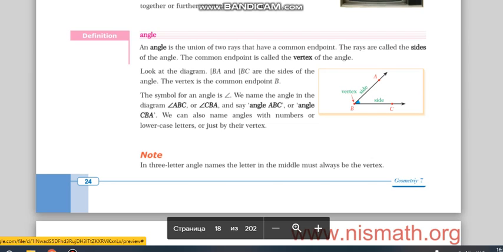We all know how we mark an angle, right? The symbol for an angle is like a little check mark. We name the angle in the diagram angle ABC or angle CBA. We can also name angles with numbers, letters, or just the vertex.